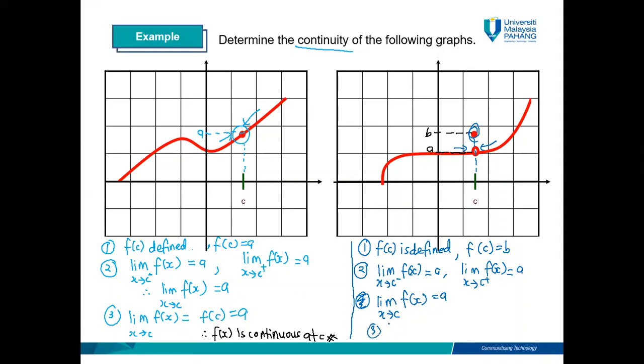So number 3, limit of fx when x approaches to C, kalau you tengok is not equal to FC. Sebab apa? Limit of fx when x approaches to C is A. FC is equal to B. So A is not equal to B. Therefore apa?